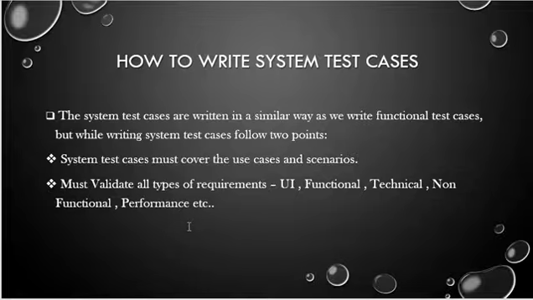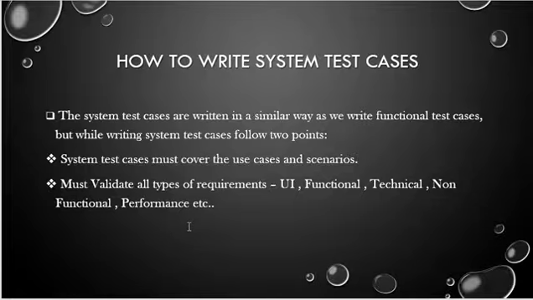Then, while writing test cases, especially for system testing, you should keep a few things in mind. Okay, the things it says are: system testing must cover the use cases and scenarios. Keep it in mind, especially while writing the system test cases, that all the use cases you have designed and scenarios you have created are covered using system testing.